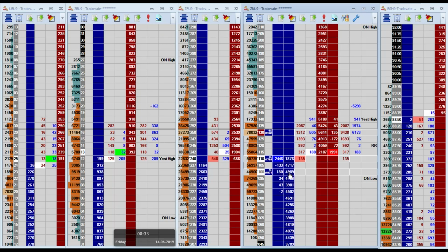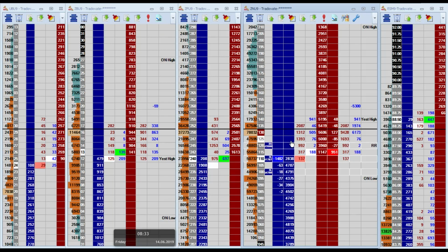Based on the context, time of day, and everything, I'm not sure we can expect it to pop through that level at this point. See if we can do something a little different.